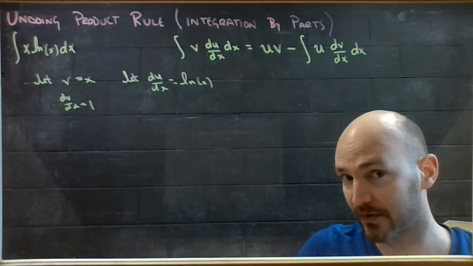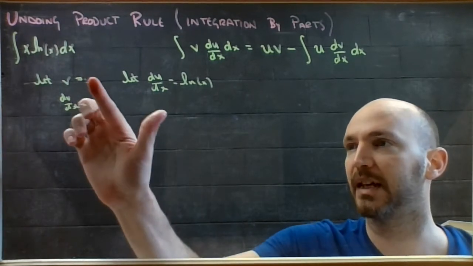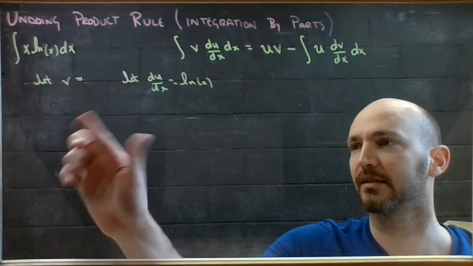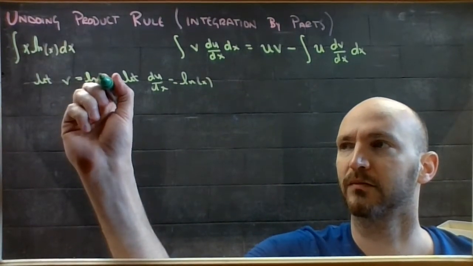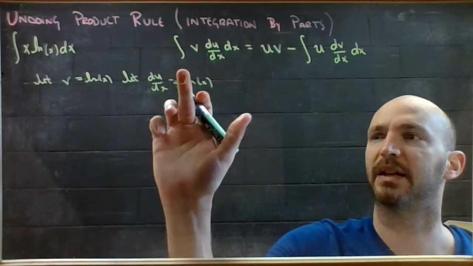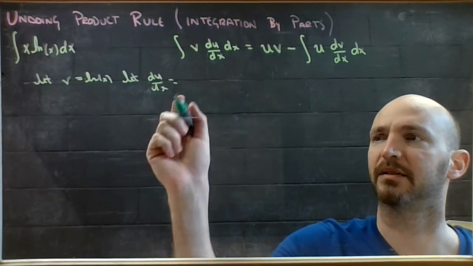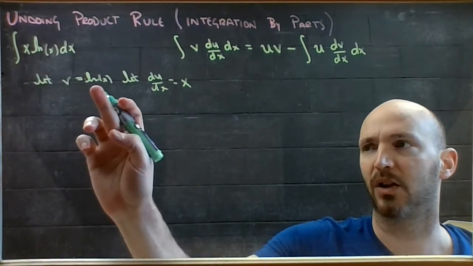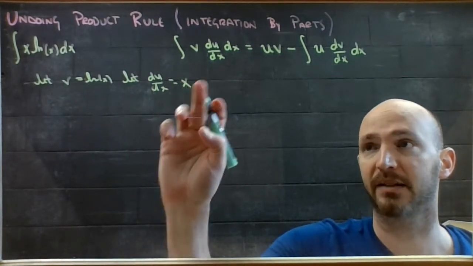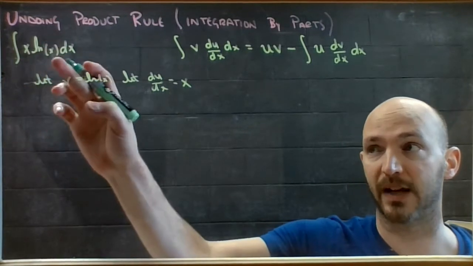I didn't have to. I could have made this one ln x. And I could have made this one the x piece. So if I put a ln x here and an x here, I would get the integral of x ln x dx.